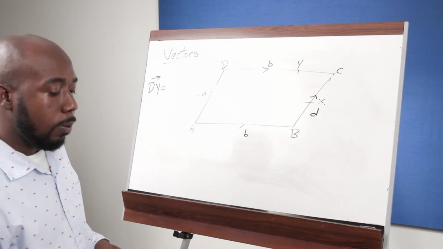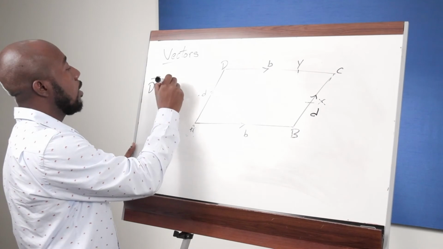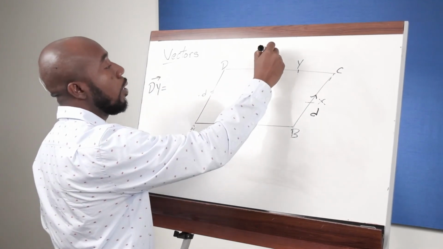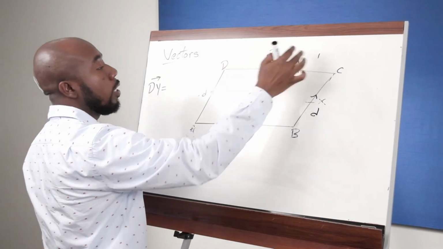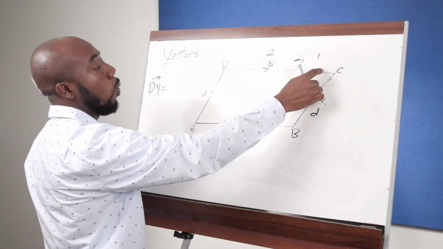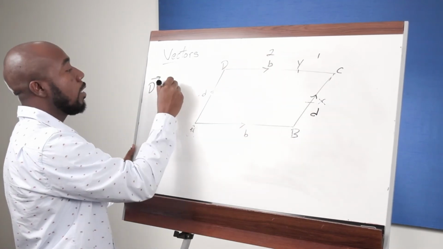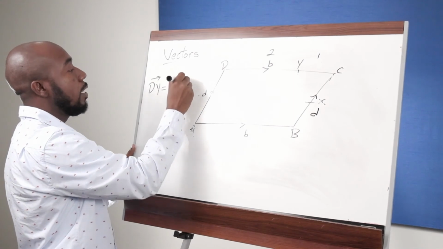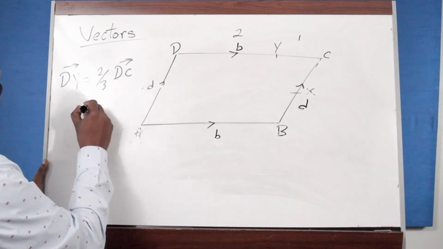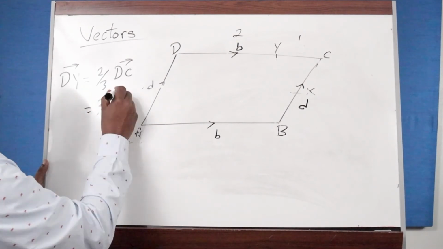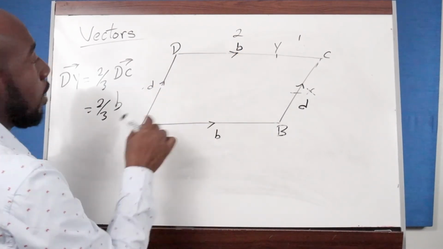So if we want to find DY, if this is 2, as I said, this is 1. If you add 2 and 1, it's like splitting it into 2/3 and 1/3. So DY is 2/3 of DC, which becomes 2/3 of b, because DC is b. Same b here.